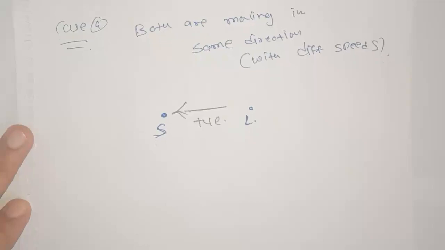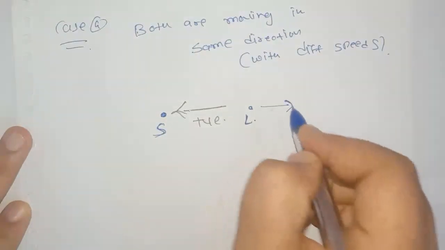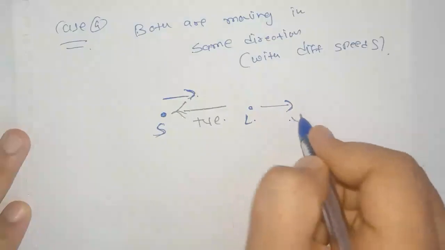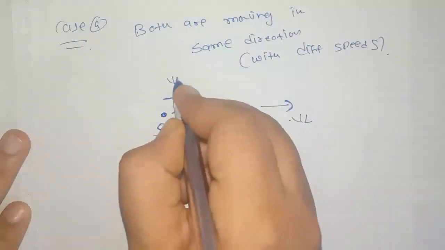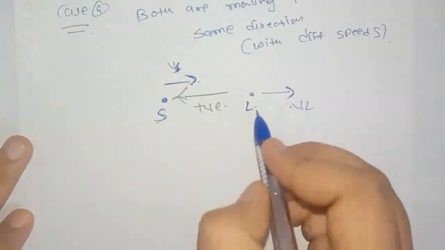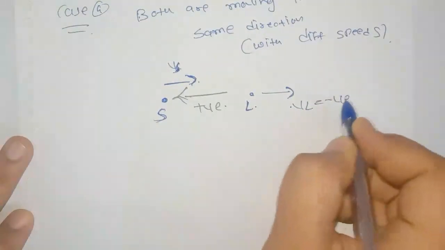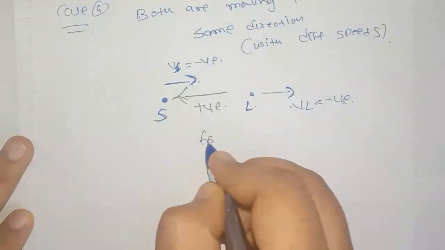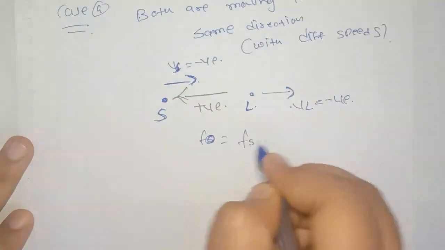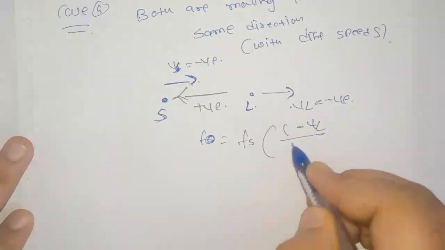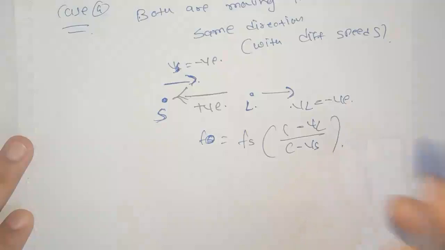First case, if they both are moving in this direction, this is VL and this is Vs. This both are taken negative. So frequency observed will be C minus VL divided by C minus Vs.